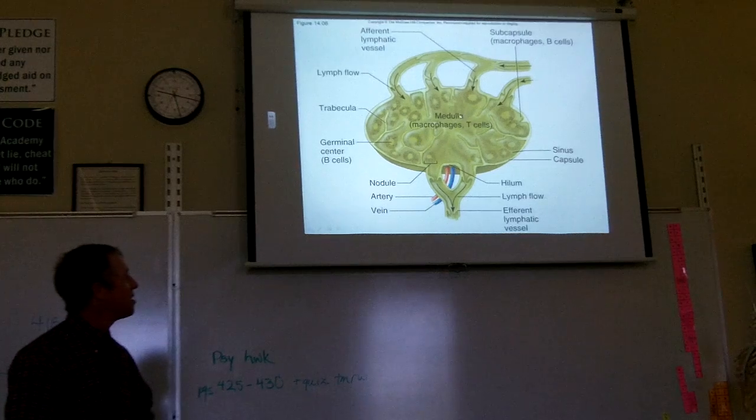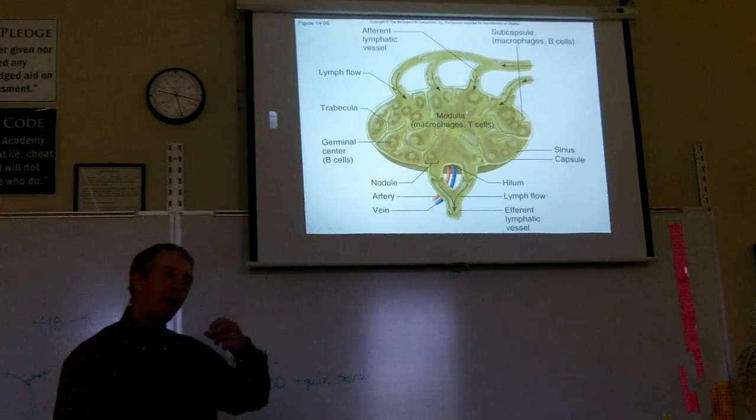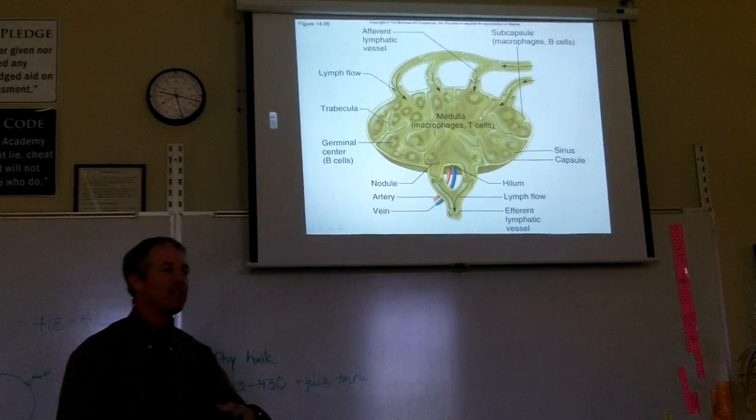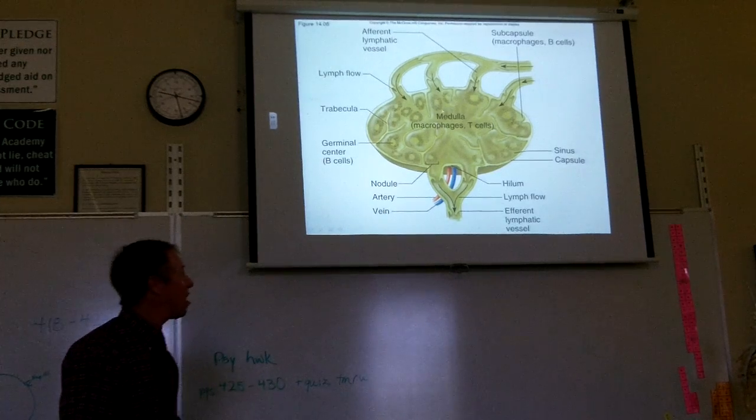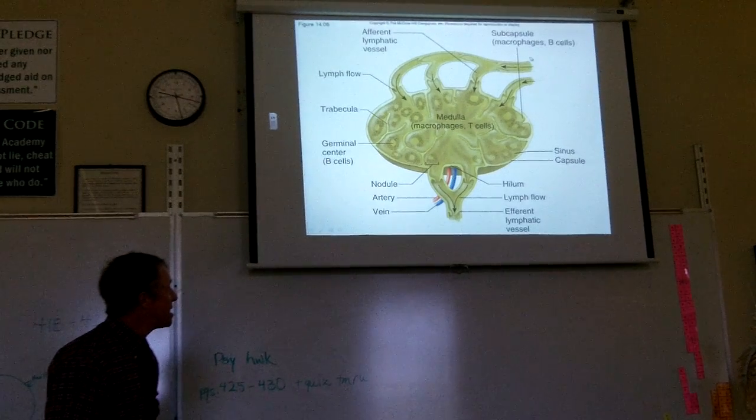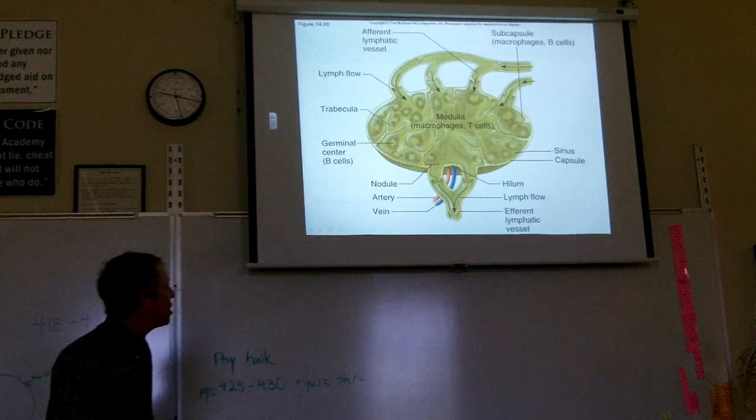The lymph does not have a heart pumping it to keep it moving fast. So the lymph moves very slowly, and it's kept moving in the same direction by these little one-way valves. So the lymph cannot go backwards, it can only go forward.